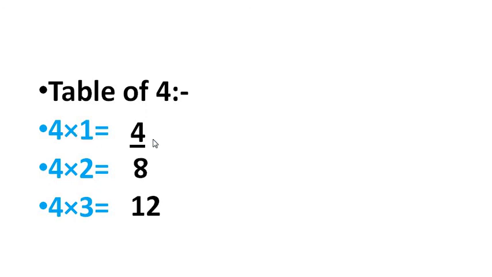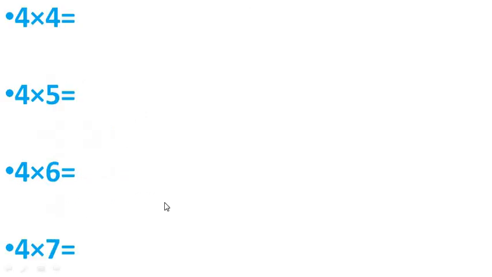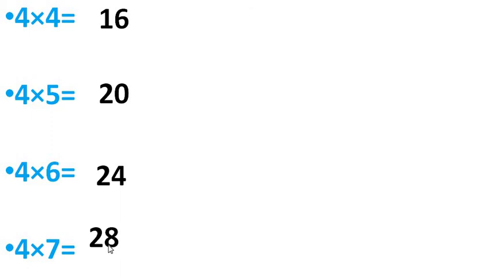4 ones are 4. 4 twos are 8. 4 threes are 12. 4 fours are 16. Repeat after me. 4 fours are 16. 4 fives are 20. 4 sixes are 24. 4 sevens are 28.